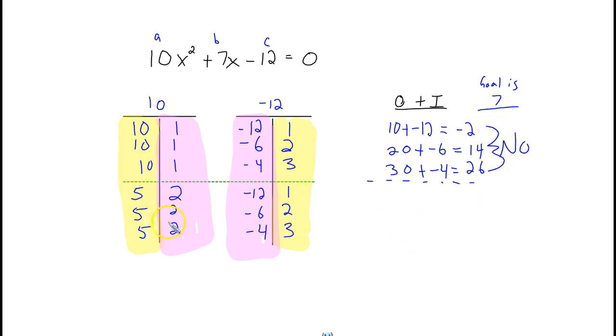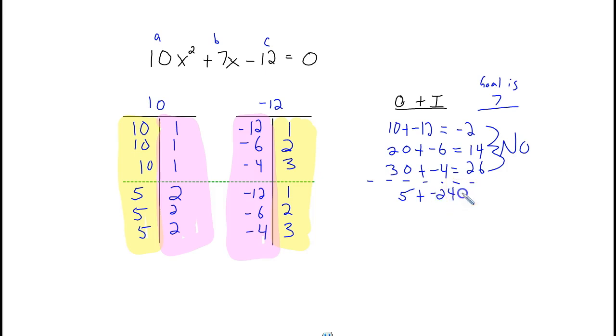I'm going to move on to 5 and 2 and see if one of those works. Now, we haven't seen this, and we probably won't see this for a little while, but it is possible that this is non-factorable. In that case, we would just, at this point, write non-factorable. But this is going to factor. I think one of these combinations is going to work. So outside times outside is 5. 2 times negative 12 is negative 24.